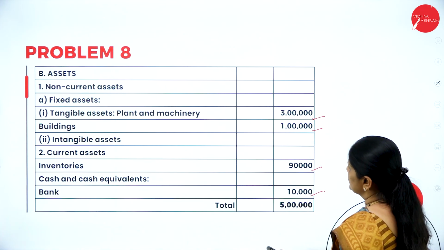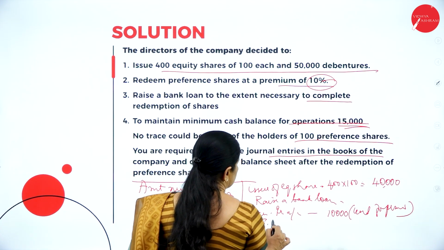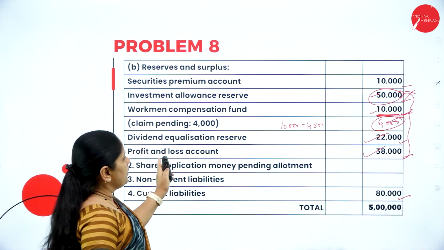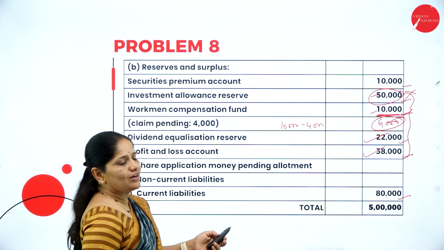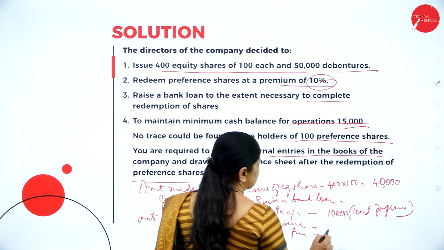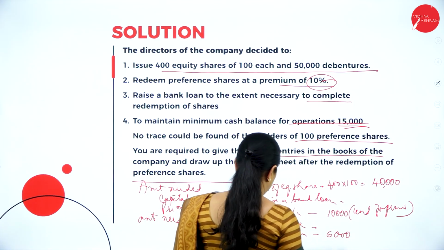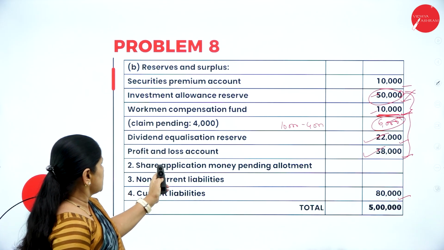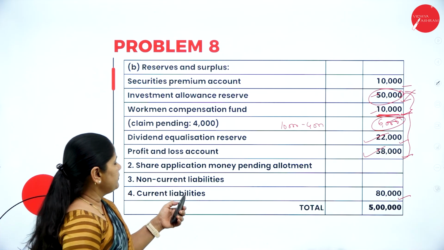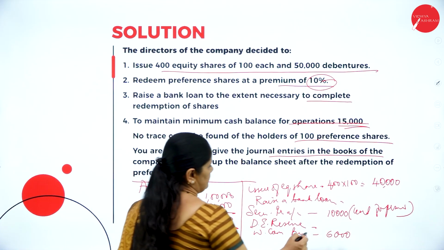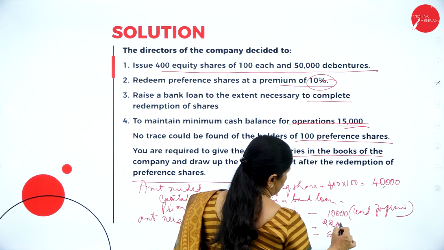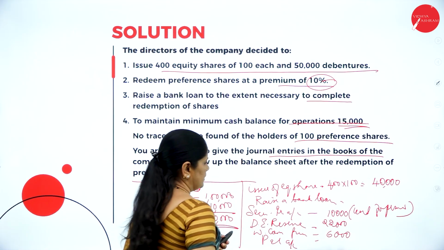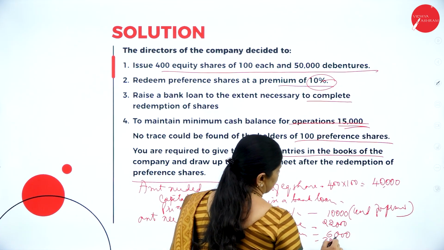So I will write this dividend equalization reserve. Then next one is a profit and loss account and workman compensation fund. Workman compensation fund we have 6,000. Then dividend equalization reserve is 22,000. P&L account is 38,000.